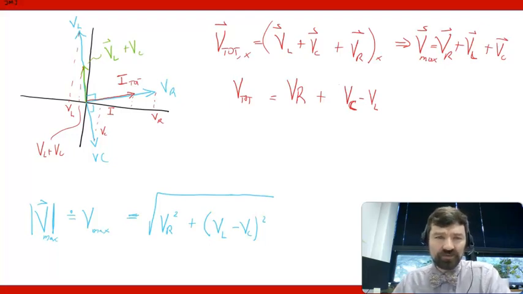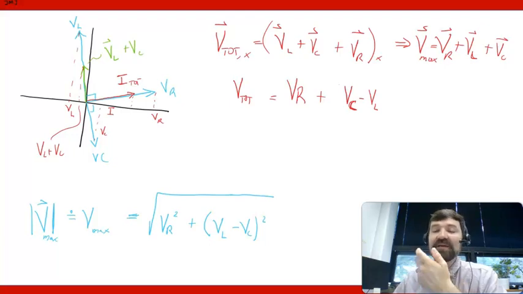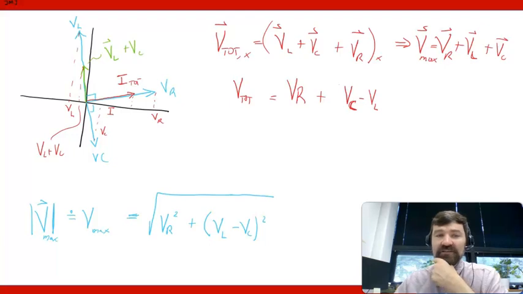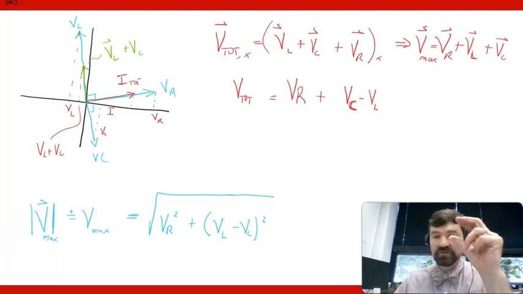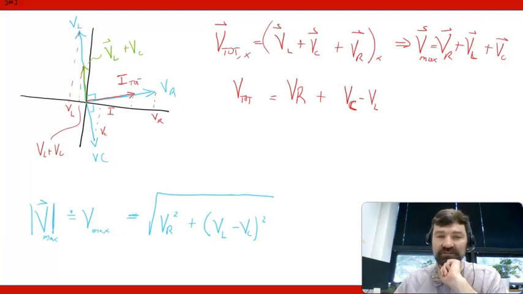Whether we happen to have the green vector pointing up in the positive direction, or whether it happens to point in a more negative direction, whatever quadrant it's in, the length of this thing is basically going to be the sum of this vector and this vector, which gives you a shorter vector, and then take the length of that vector. And that's given by this expression.